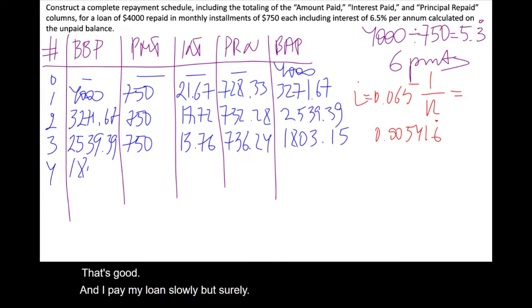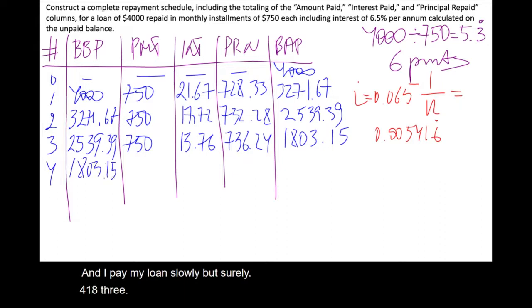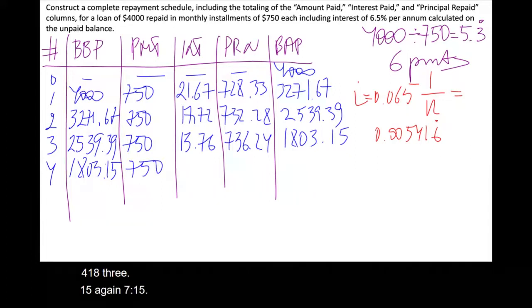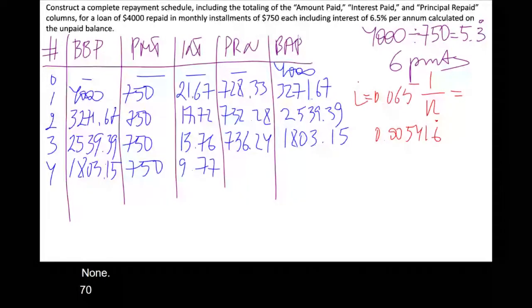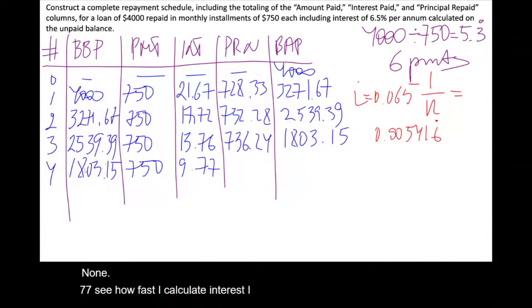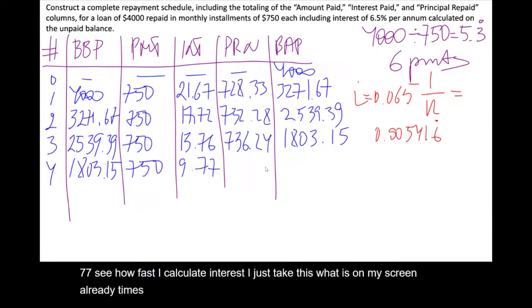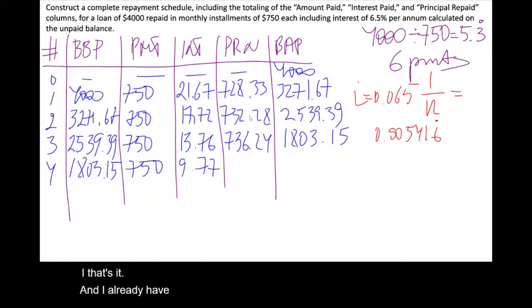For 1803.15, again 750, 9.77. See how fast I calculate interest? I just take what is on my screen already, times recall I. That's it, and I already have the answer. So it saves time.